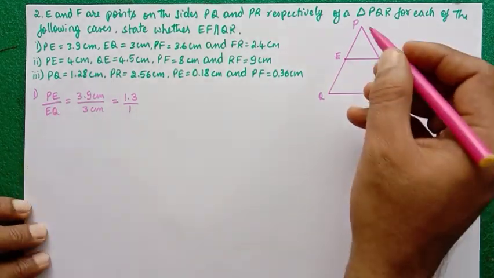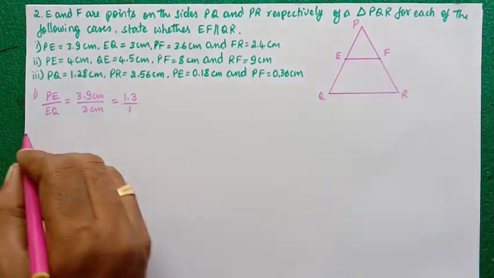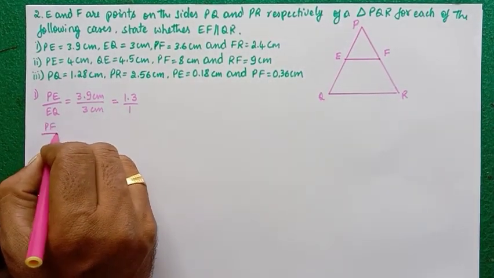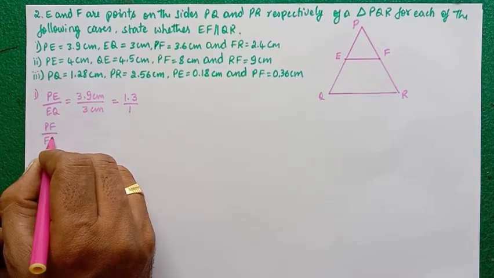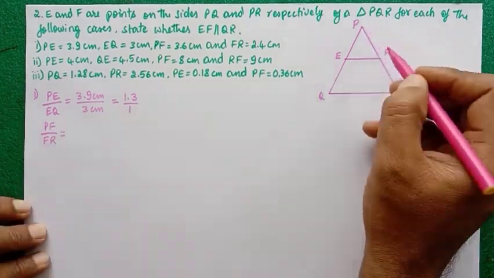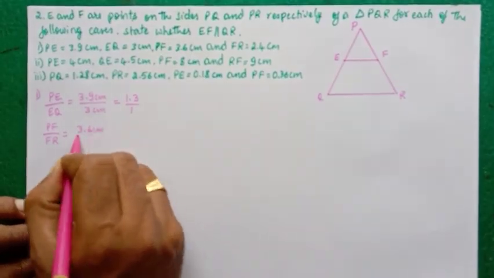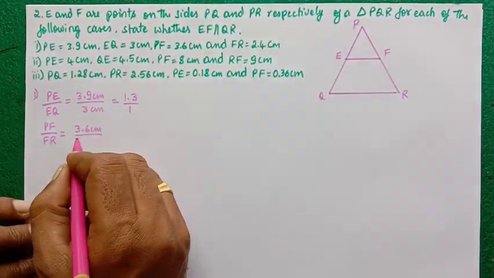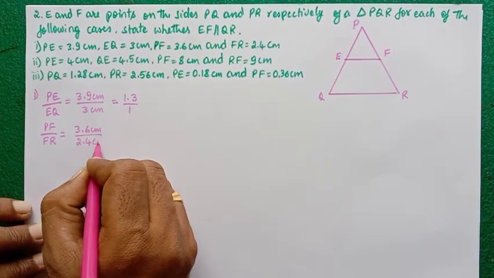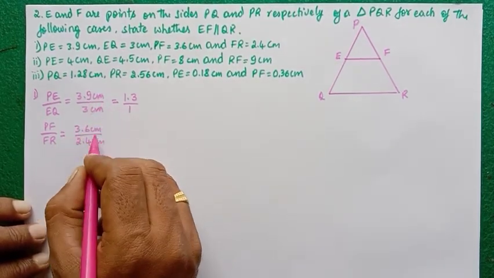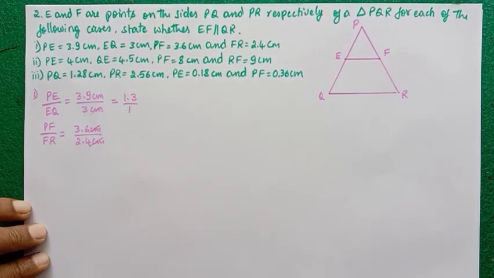So let me move on to PF by FR. PF is 3.6 centimeter and FR is 2.4 centimeter. Here the centimeter cancels.